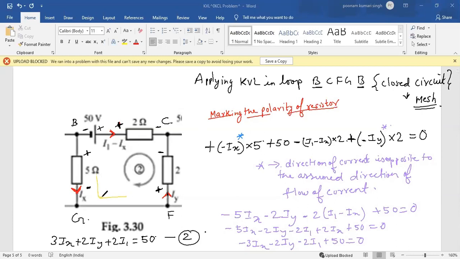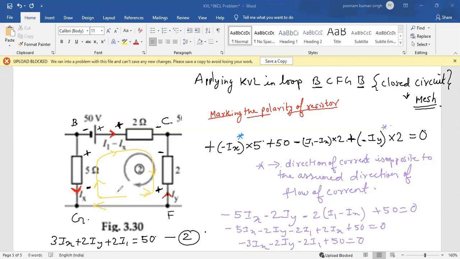That means the direction of current is this. You are going around this circuit like this as per your direction, but the direction of current given in the problem is opposite, that is, it is flowing anti-clockwise.